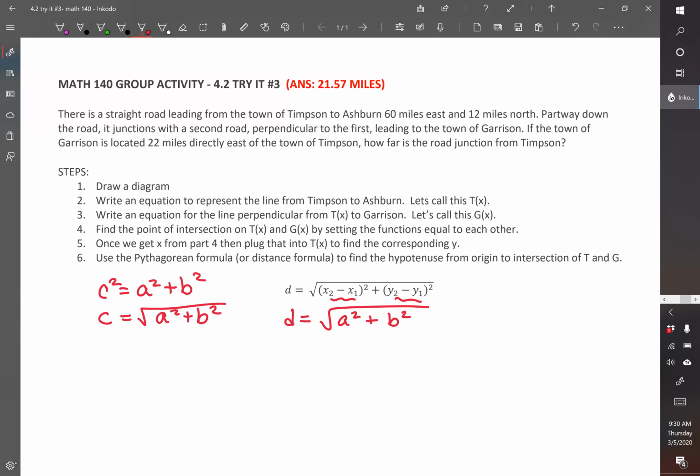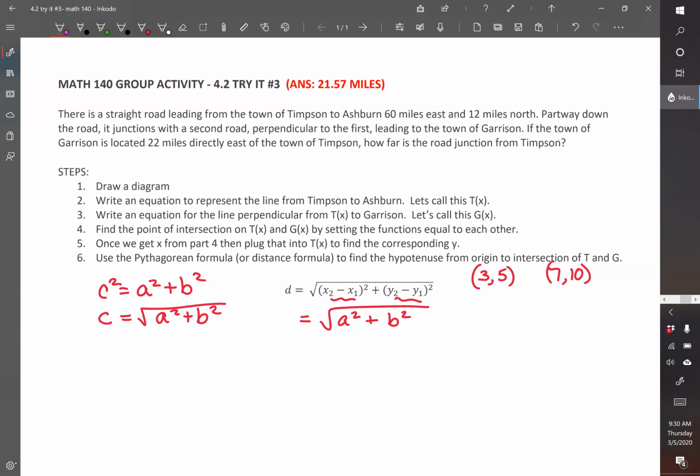So when we're given 2 points, for example, if I had the point 3, 5, and I had 7, 10, and I wanted to find out what the distance between those 2 points was, then I would plug them into my formula here.